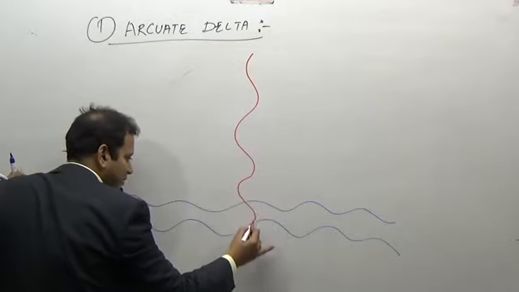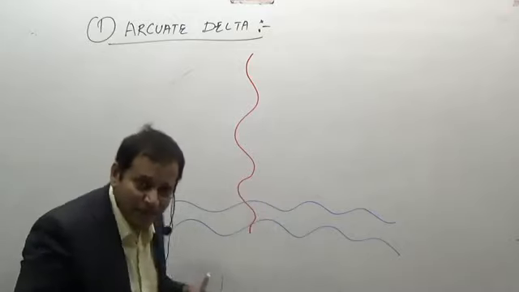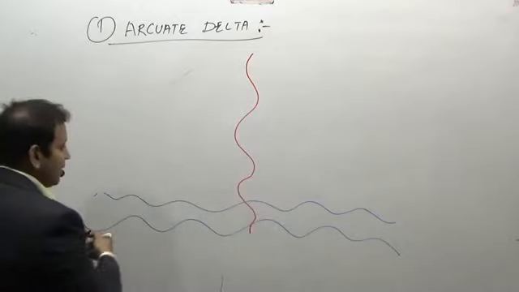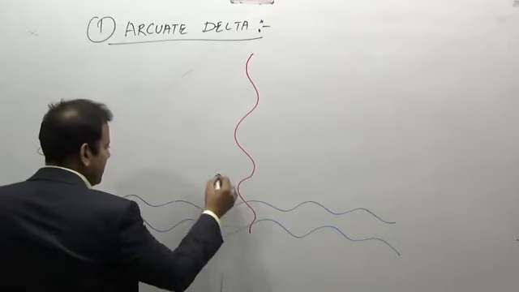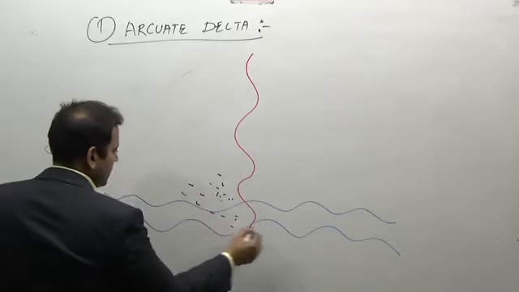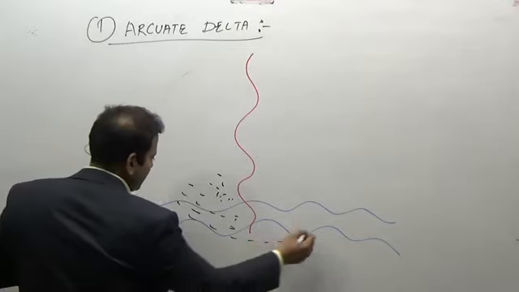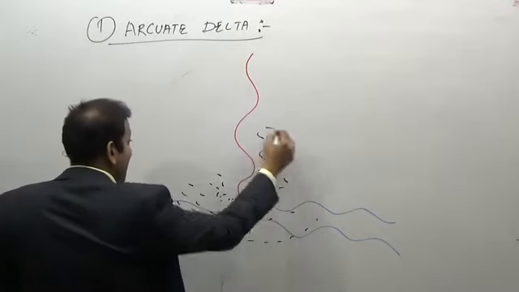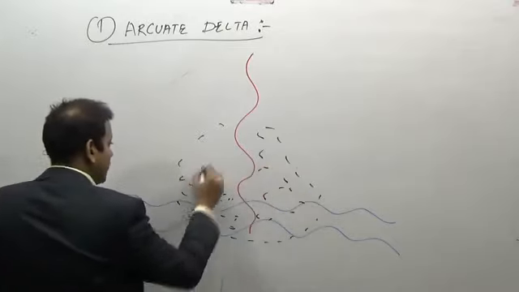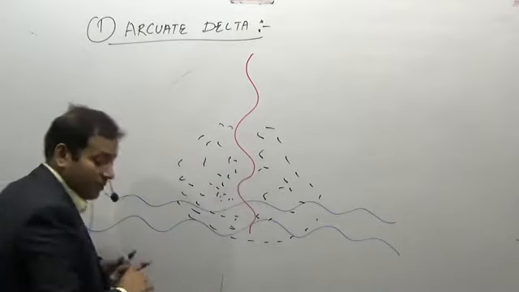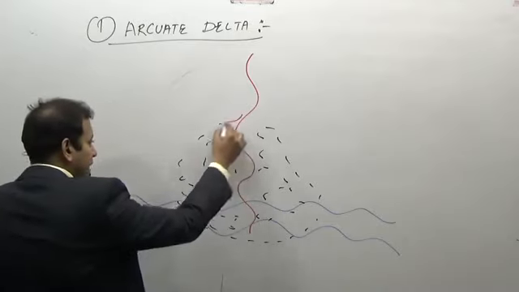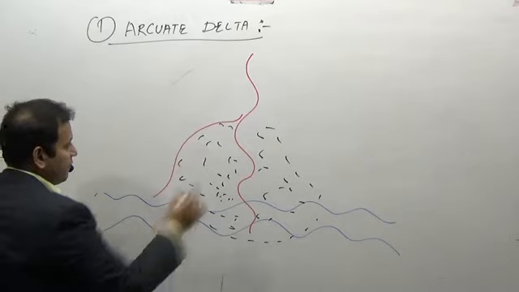It enters the sea. As the sediments are coarse in nature, the river starts depositing the sediments in the surrounding regions. As a result of the deposition of sediments, land will be formed.